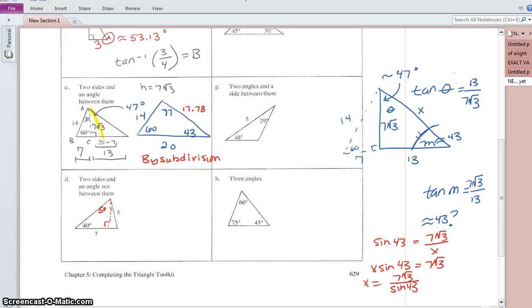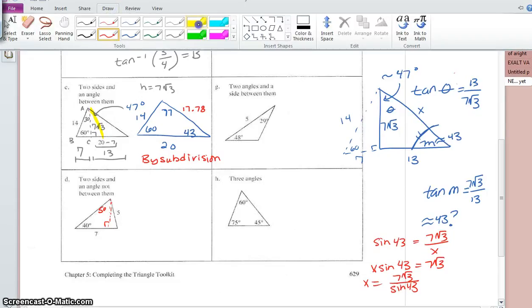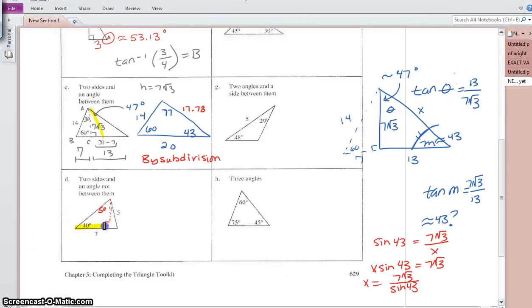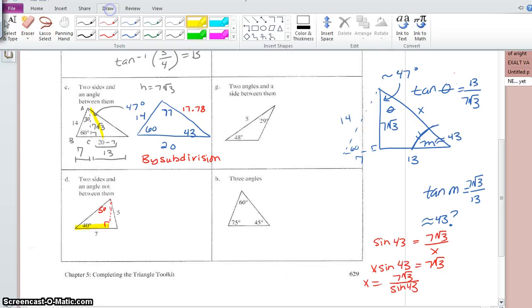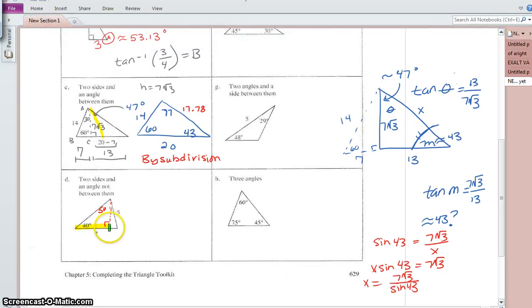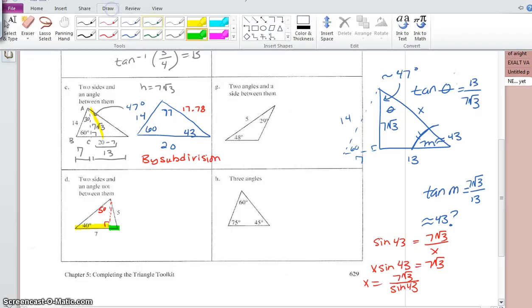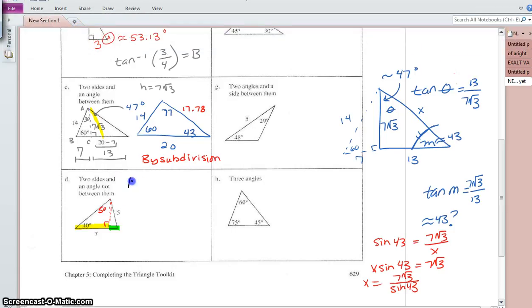Well, there's no good way to decide how this side was split in this case. We don't have a familiar triangle now that'll tell us that we've got a half or a square root of 3. So for this one, we have not enough information yet.